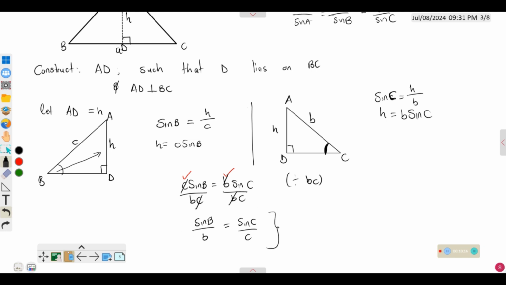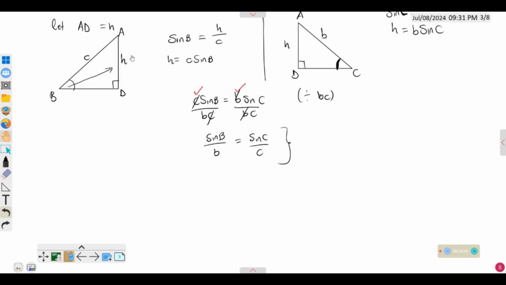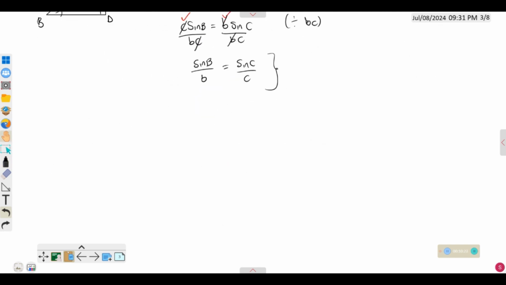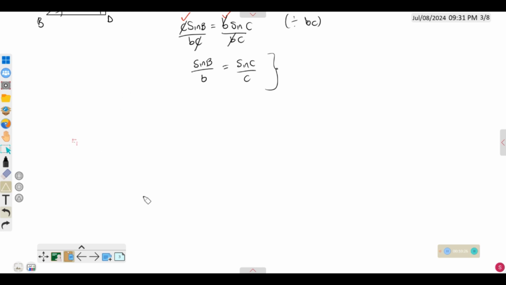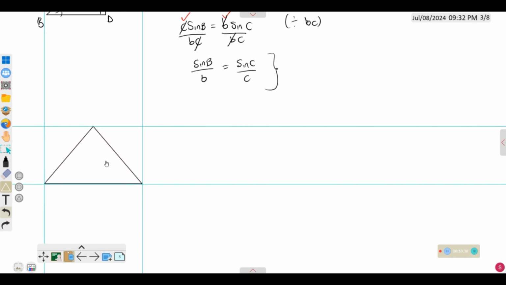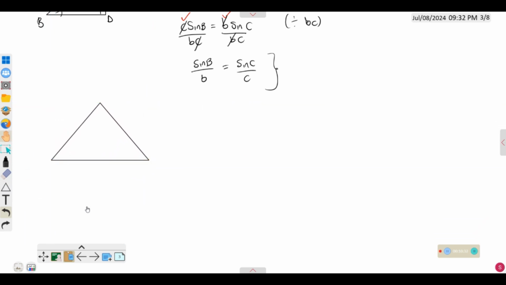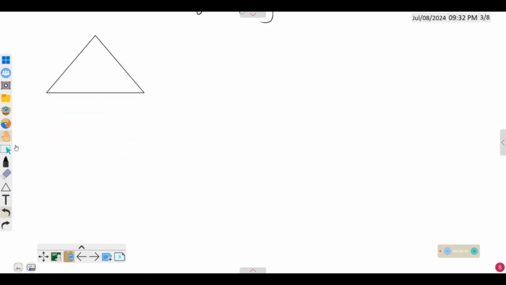Now we need to prove for A. In order for us to prove for A, we need to go back again, but this time around we are going to use a different construction. Again, we have the very same acute angle triangle. So what do we have? We still have A, we have B, we have C, right?